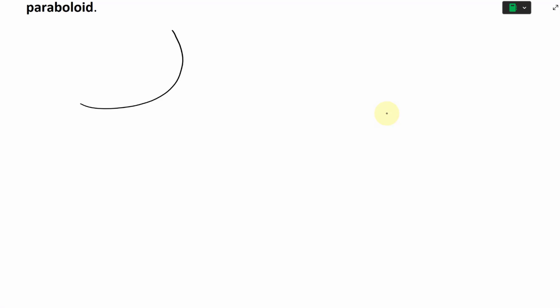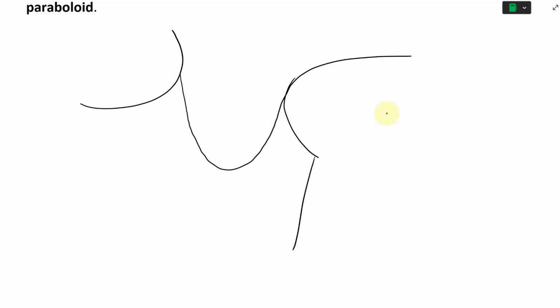The shape actually saddles down like this somehow, and then goes up, and it opens up like this, and so on. So it looks something like this, and this is the x-axis.